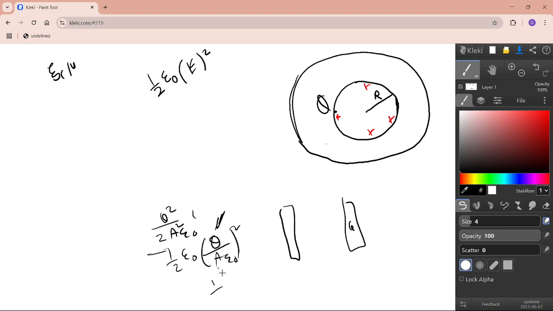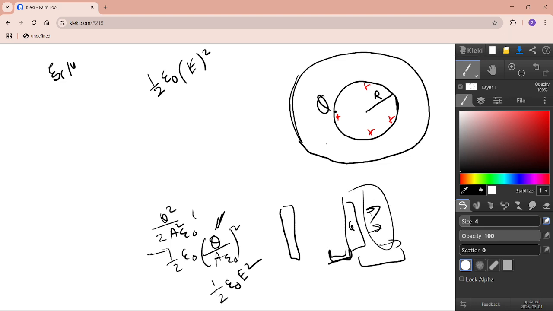You have the half epsilon naught E square. This E is not the electric field experienced by this conductor. E is basically the electric field caused by the capacitors, or of course, in some space where an electric field is being created. So we are talking about the magnitude of this electric field.